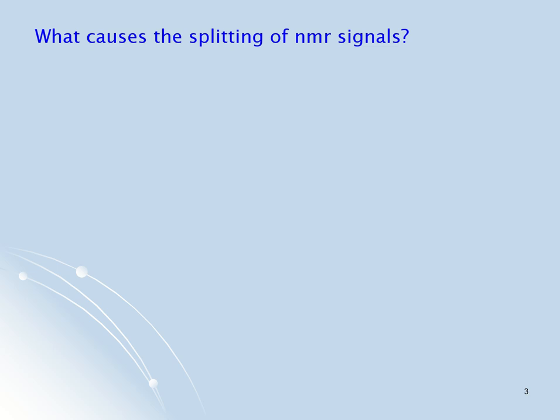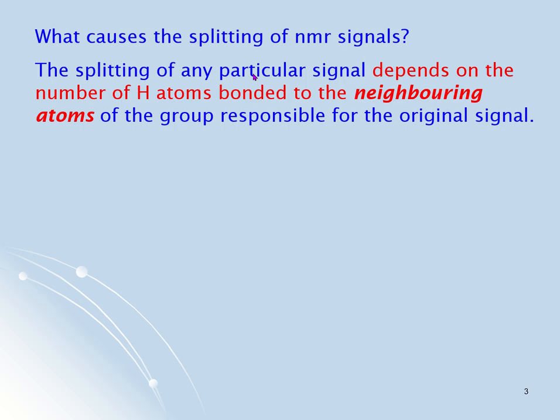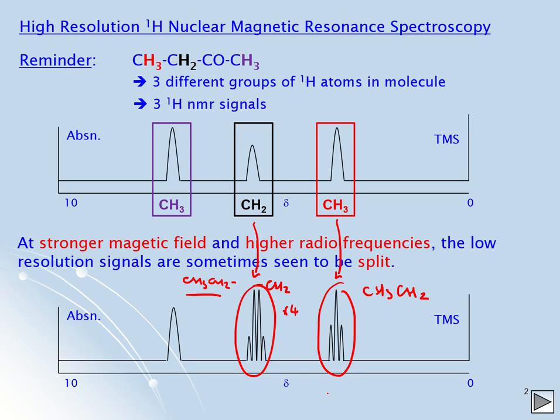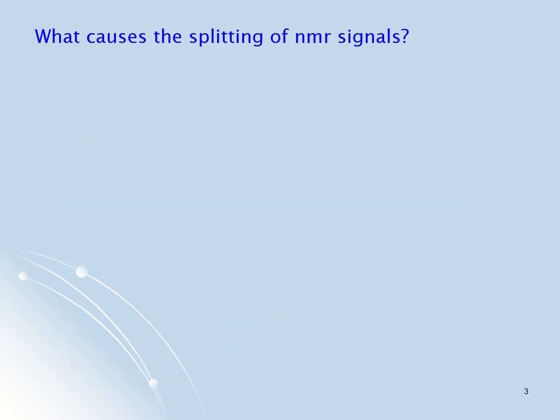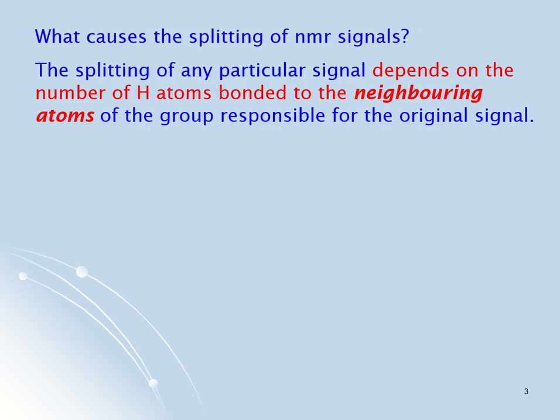So what actually causes this splitting is what we now need to know. The splitting of a particular signal, for example, the splitting of the signal on the right into a triplet, why does that happen? That depends on the number of hydrogen atoms bonded to the neighbouring atom, in this case the neighbouring carbon, okay?